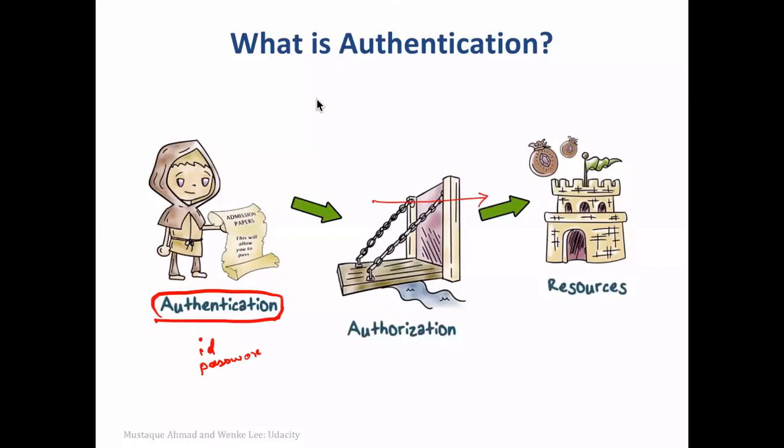However, in order to go inside a system, you should be authorized. It means that although you can present identity to a sentry, if you are trying to crash into some event, then the sentry will see whether you are allowed to participate or not. Okay. So that's called authorization.